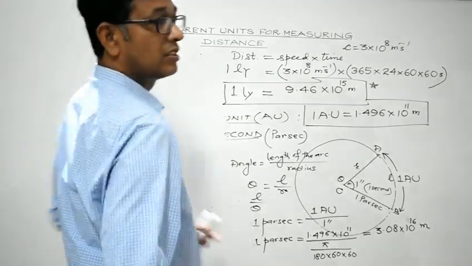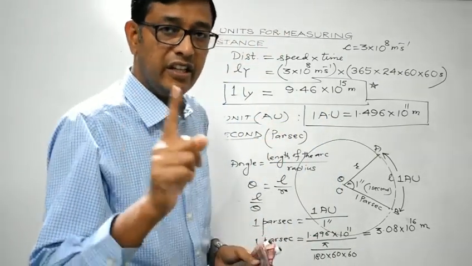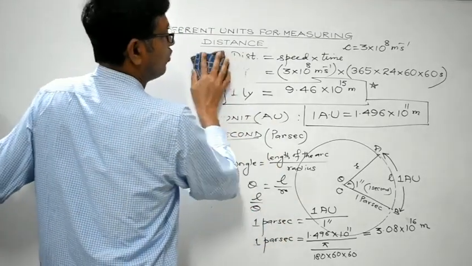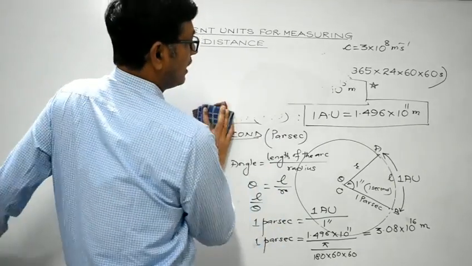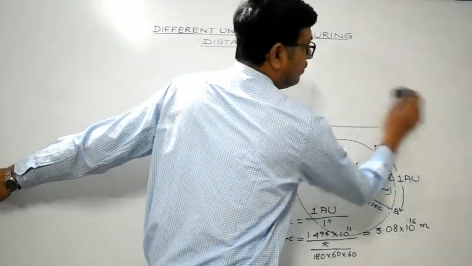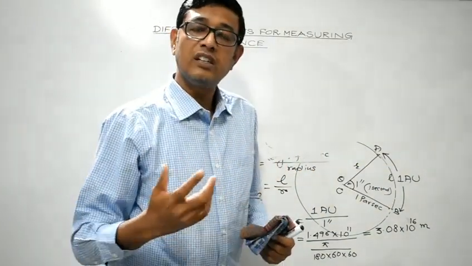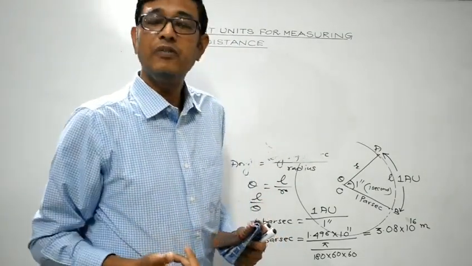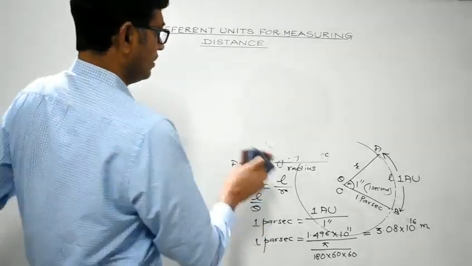Light year, students, is defined as the distance travelled by the light in air or vacuum during one complete year. 1 light year is equal to 9.46 into 10 raised to power 15 meters. Second, astronomical unit is the mean distance of the sun from the earth, and that is experimentally found to be 1.496 into 10 raised to power 11 meters.